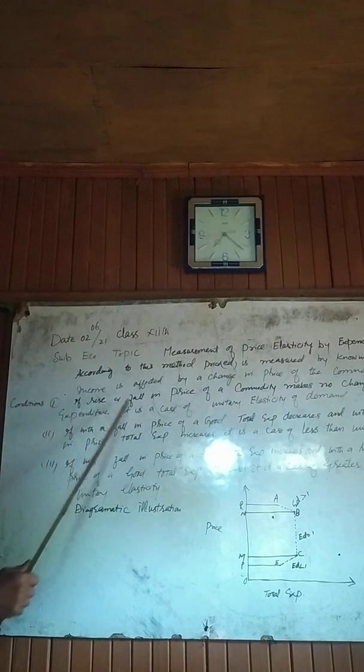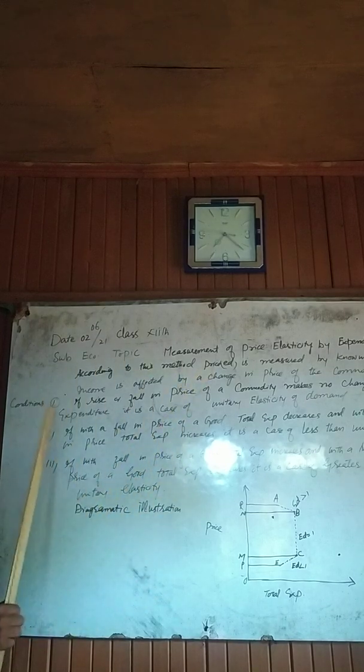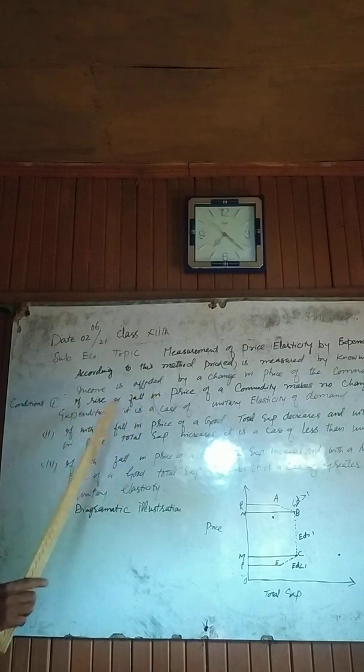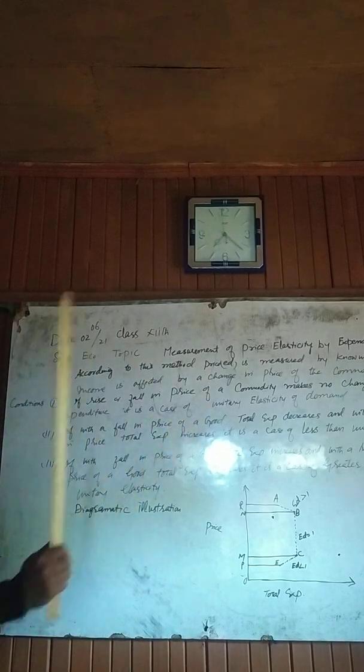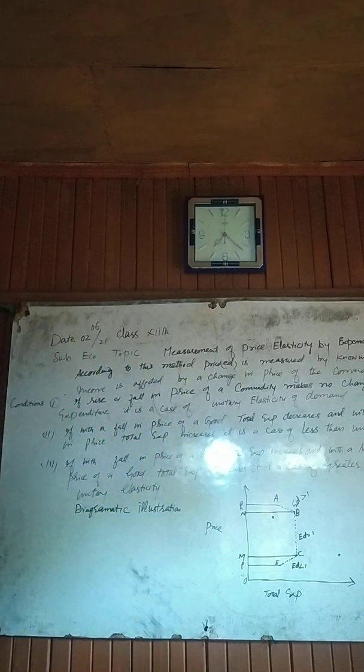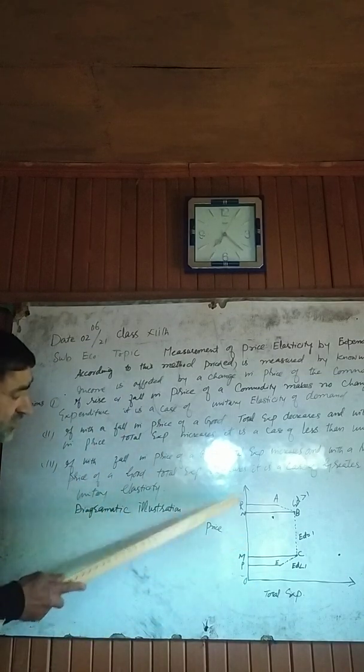First, if a rise or fall in the price of a commodity makes no change in total expenditure. This should be remembered: if a rise or fall in price makes no change in the expenditure of the consumer, it is a case of unitary elasticity of demand, as is shown here.